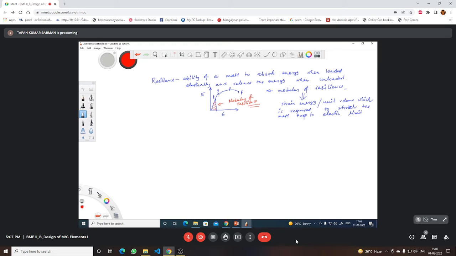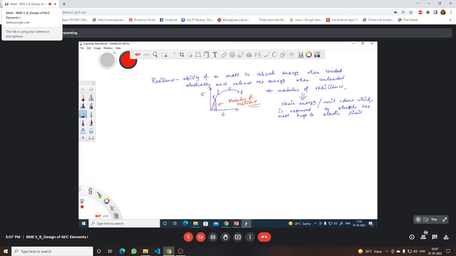Now, this property is important because when we try to design a spring material, when we apply the load, the spring will deform, and the energy will be stored in the form of strain. When the load is withdrawn, the spring should regain its original shape and size. So when we design a spring material, it should have good resilience property. Then only it is possible to make the spring out of that material.